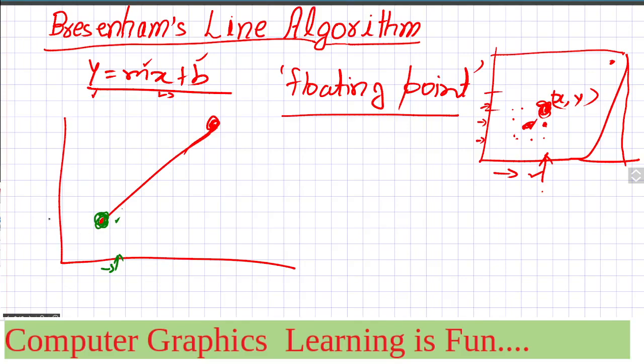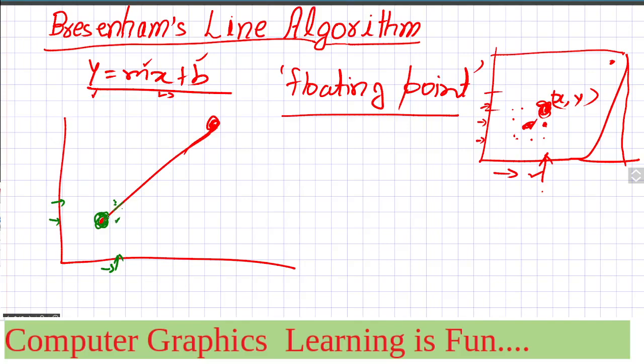What should the y value be, either this one or this one? Anybody who looks will see that this pixel is the correct choice. Why? Because most of the line portion is in this pixel. So this pixel should be selected, but how? What should the condition be? On what basis can this particular pixel be chosen?